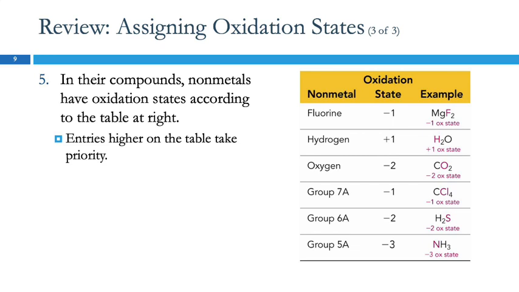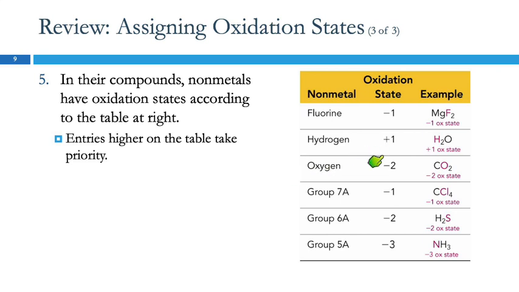You go through the compound, and if you have fluorine, it's going to have an oxidation state of -1. What charge does a fluorine ion have? -1. If you have hydrogen, it will have an oxidation state of +1, which is the same as a hydrogen ion charge, right?